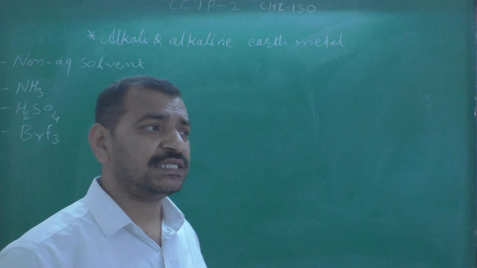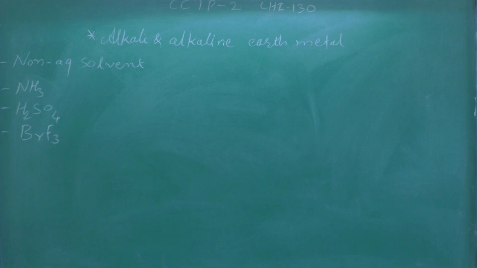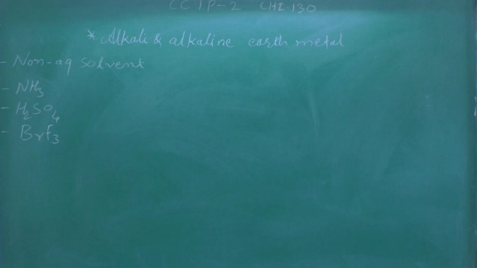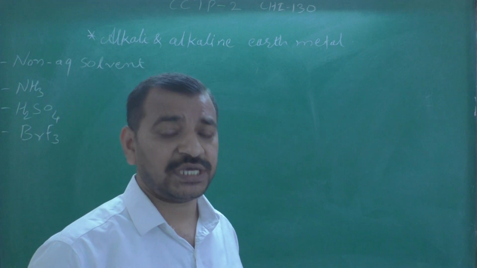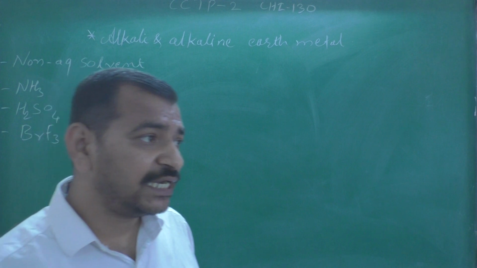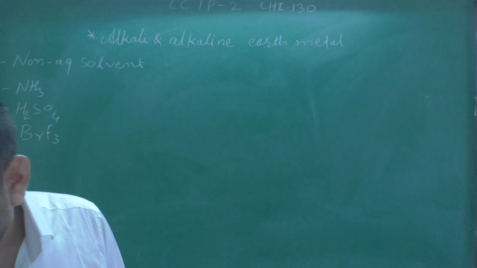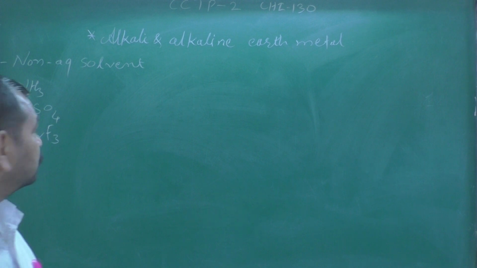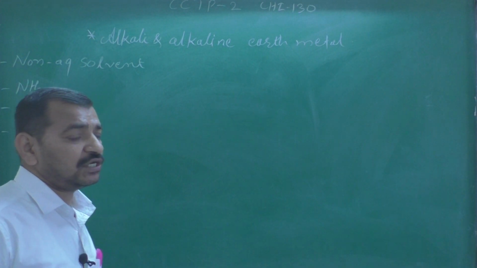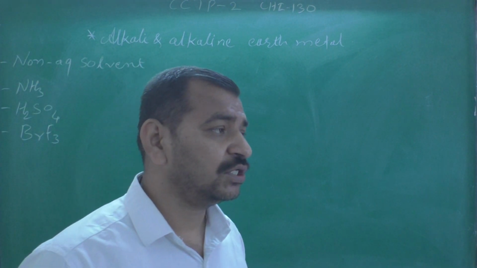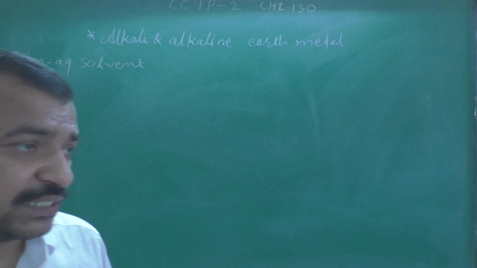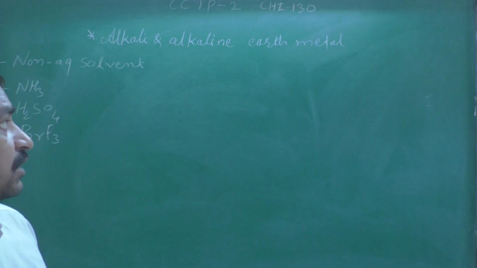Ammonia is self-ionizing, and sulfuric acid is also self-ionizable, with properties similar to water, similar physical properties but different permittivity. Water is highly polar, so the solubility of salts is higher as compared to ammonia. Ammonia has lower permittivity or lower dipole moment than water, and solubility is low.